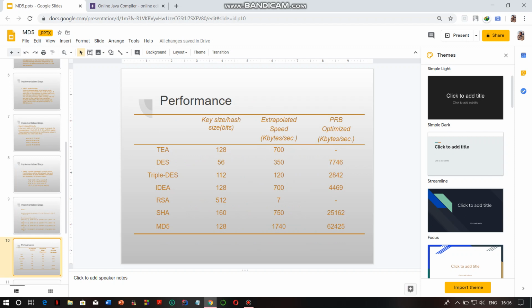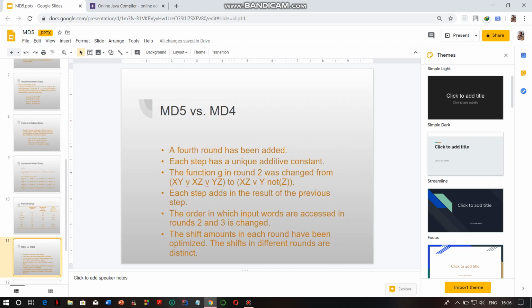This is the performance. Now comparing MD5 with MD4. MD5 has a fourth round instead of MD4, which only had three rounds. Each step has a unique additive constant.